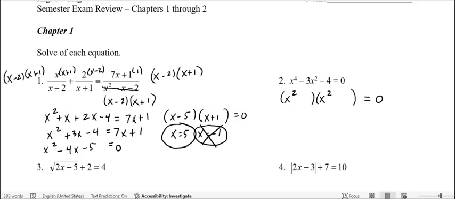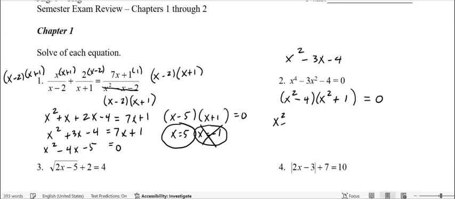And now we're going to come up with the factors of -4 that add up to -3, and that would be -4 and +1. So to put it in more familiar terms, you would factor it just like you did back in Algebra 2. It's just that the x's become squared when it's x to the 4th.